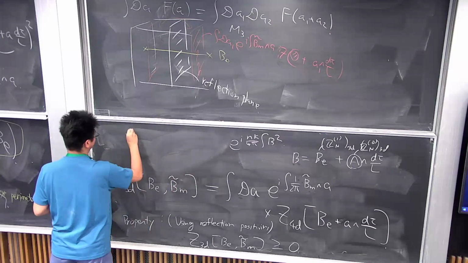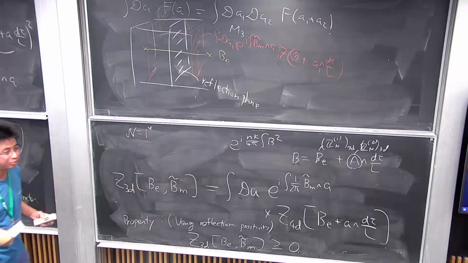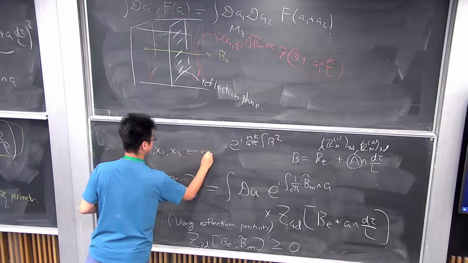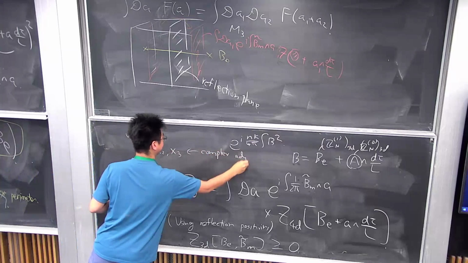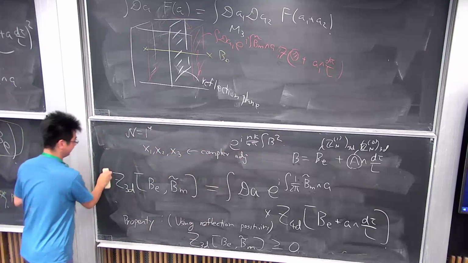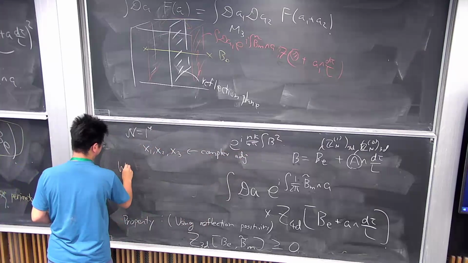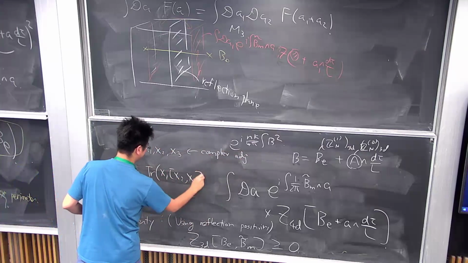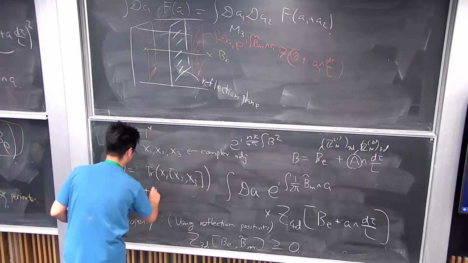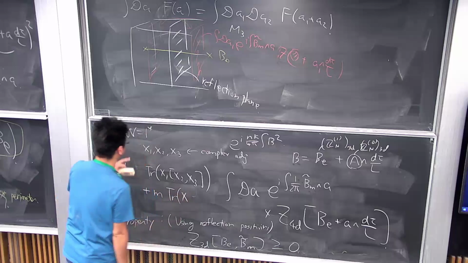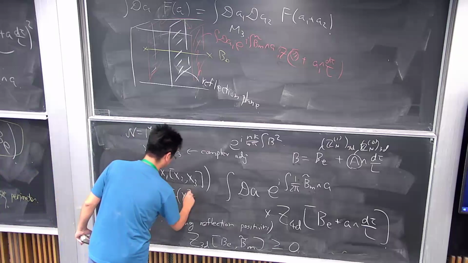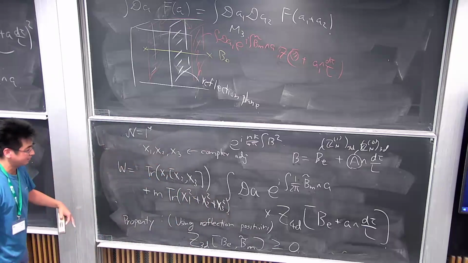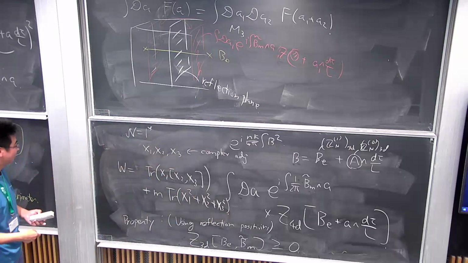So N=1* starts from N=4 super Yang-Mills, so it has three complex adjoint scalars. The superpotential is given by trace of X1, X2, X3. This is the N=4 part, and in order to go to N=1*, we add an extra term to the superpotential. Solving the equation of motion for X, you get the fuzzy sphere configuration.